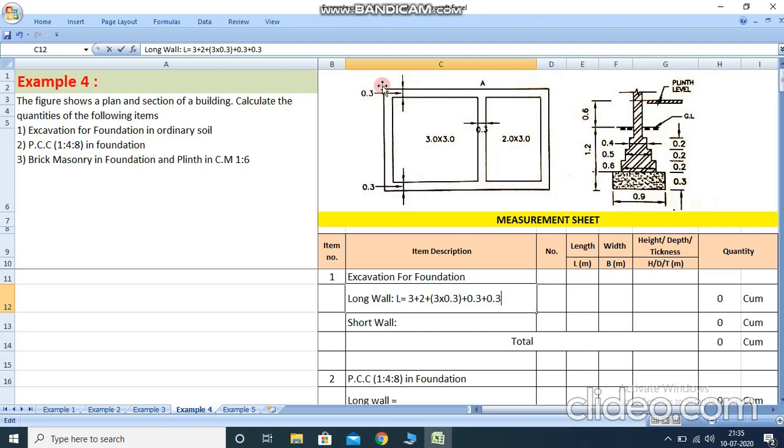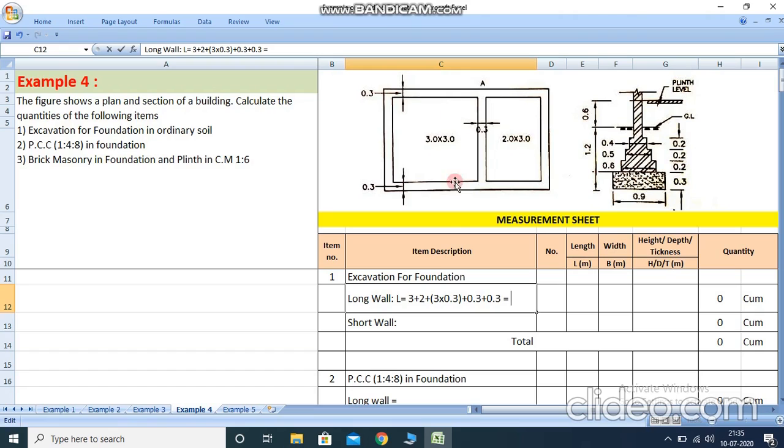So on all sides of the wall we excavate 0.3 meter extra, and the same on the inner side, we excavate 0.3 meter extra. So the total width of the excavation is 0.9 meter. 0.3 is already included in the wall and 0.3 on both sides of the wall. So total excavation is 0.9 meter, clear.